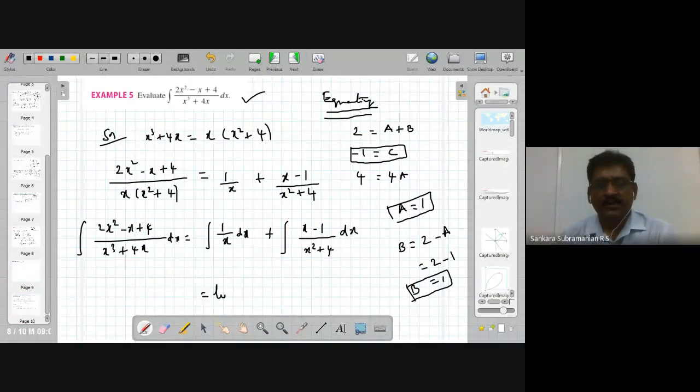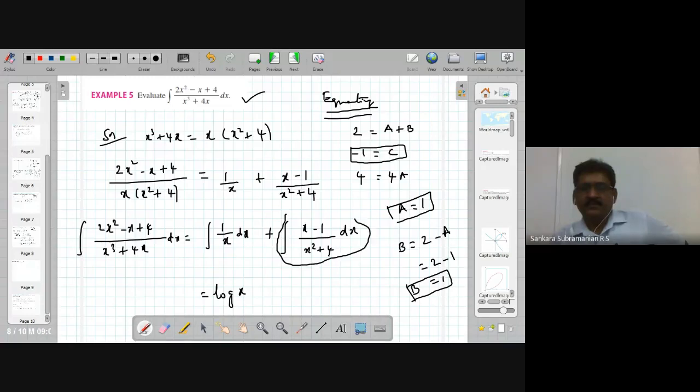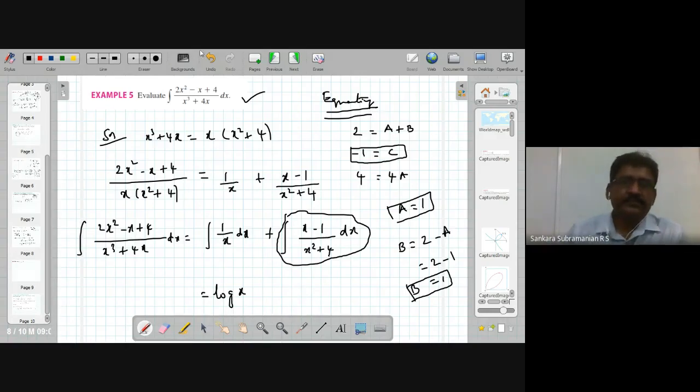This is log of x, or you can write modulus of x. And what about this one? I will do this. Any idea how to do this?